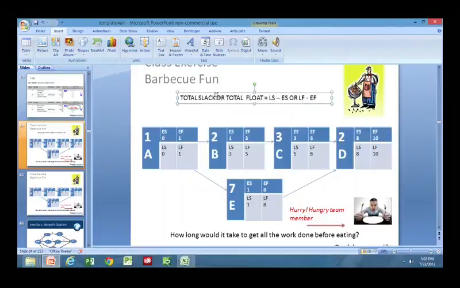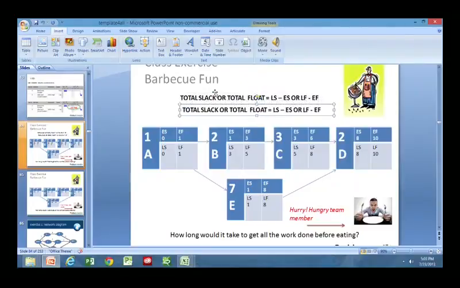All right, now that's not the only slack we have in project management. You might remember the mention of free slack. Our free slack is different. For our free slack or free float, we're going to calculate that by taking the early start of the successor activity and subtracting the early finish of the predecessor activity.